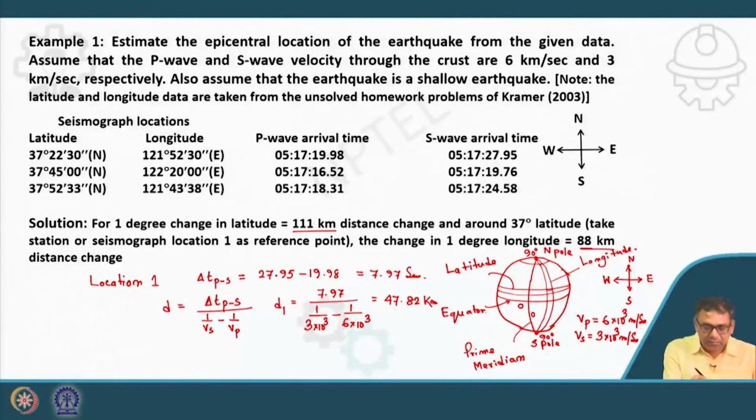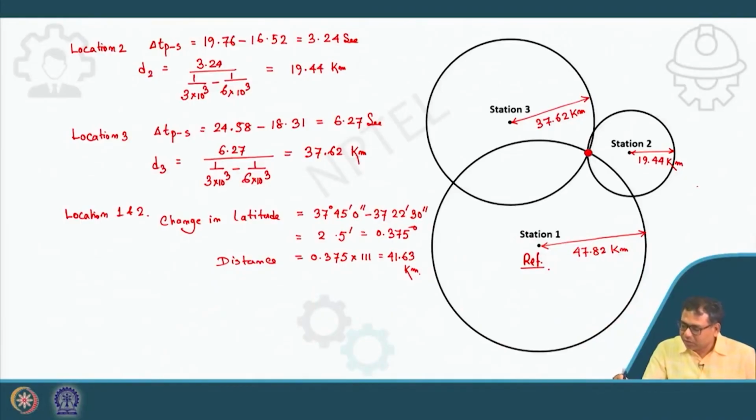Because as you go from 0 towards north, your latitude value will increase. So, increase means you are going towards north. You can go towards south also, but here it is mentioned north. So, it is 45 is more than 22. So, it is towards north. So, location 2 is towards the north.